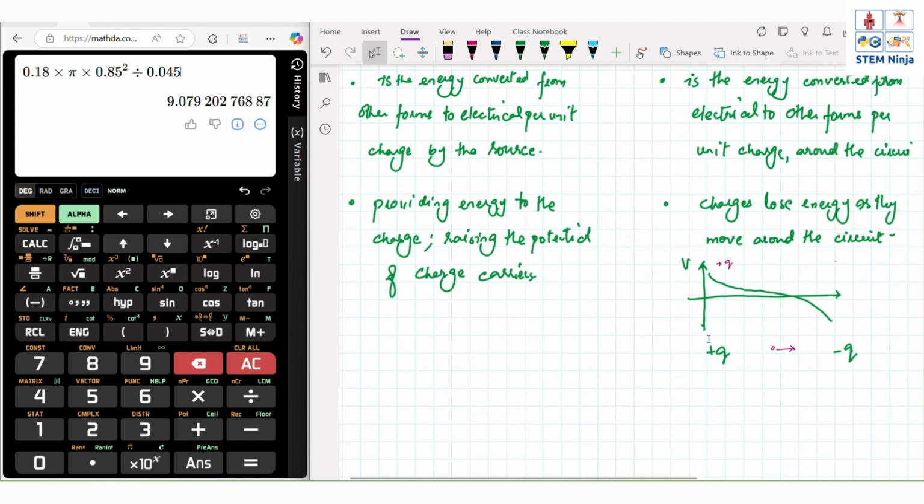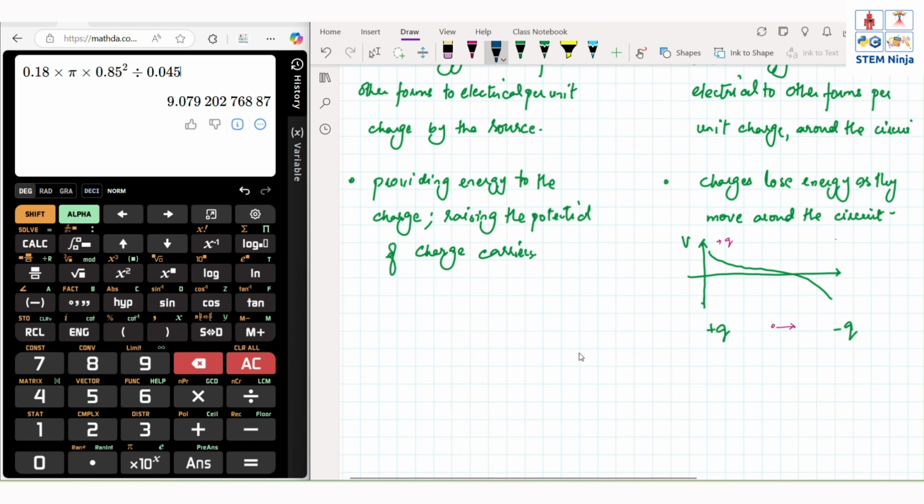Now, if you combine these two together, for example, you have a battery over here, plus, minus, and you have a circuit with a resistor R and some current flowing.